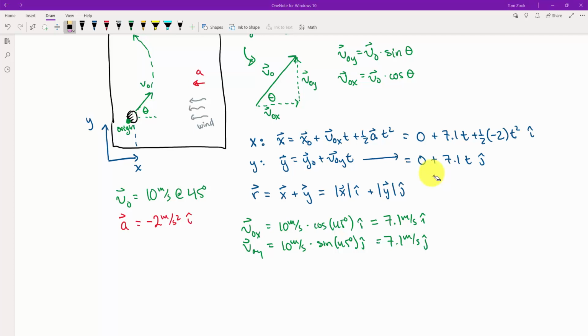So if we want to condense these things into our r vector, we could write it as the r vector is equal to 7.1t minus t squared, i direction, because the 1/2 and the negative 2 simplify, and then plus 7.1t in the j direction.